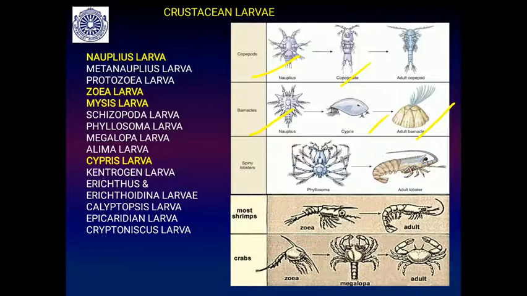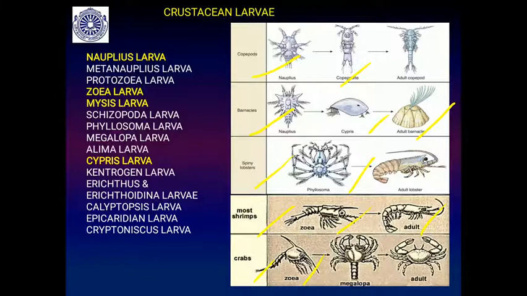In lobsters, you will see the phyllosoma larva. In shrimp, you can see the zoea larva. In crab, the larval stages are zoea and megalopa, then the adult.